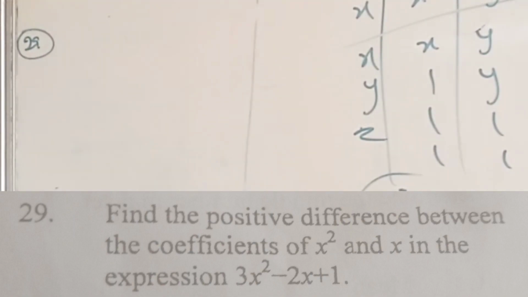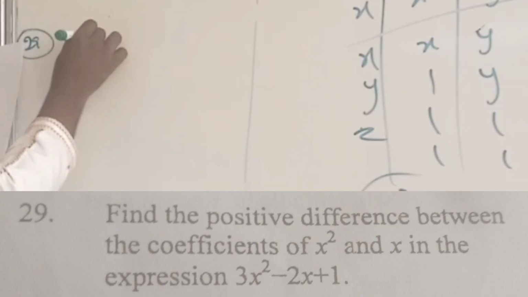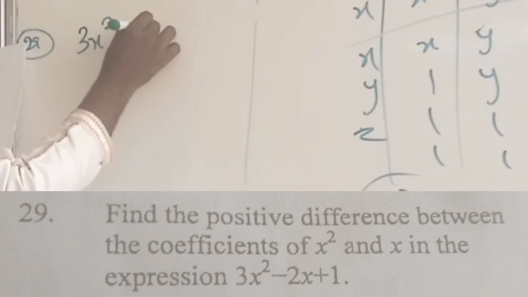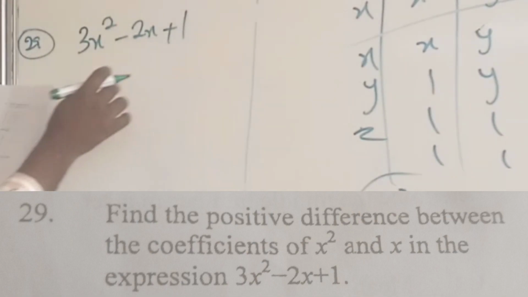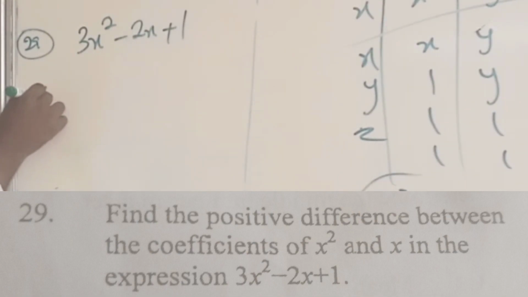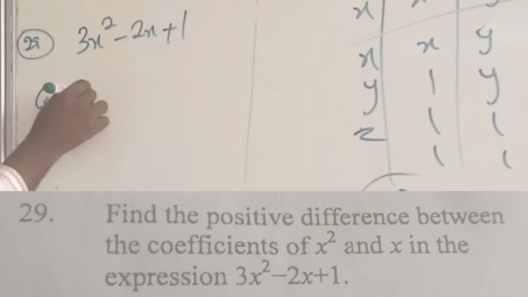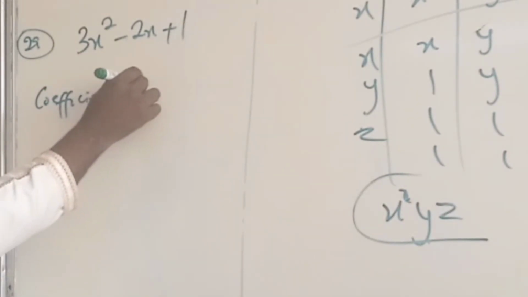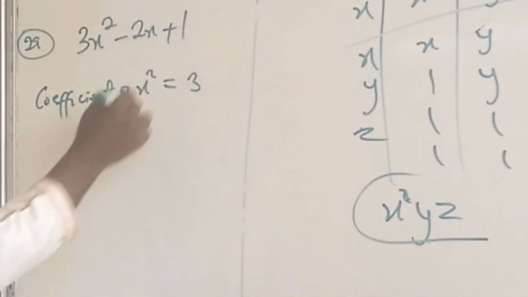Find the positive difference between the coefficient of x squared and x in the expression. This is the expression: 3x squared minus 2x plus 1. Now, what is the coefficient of x squared? 3.